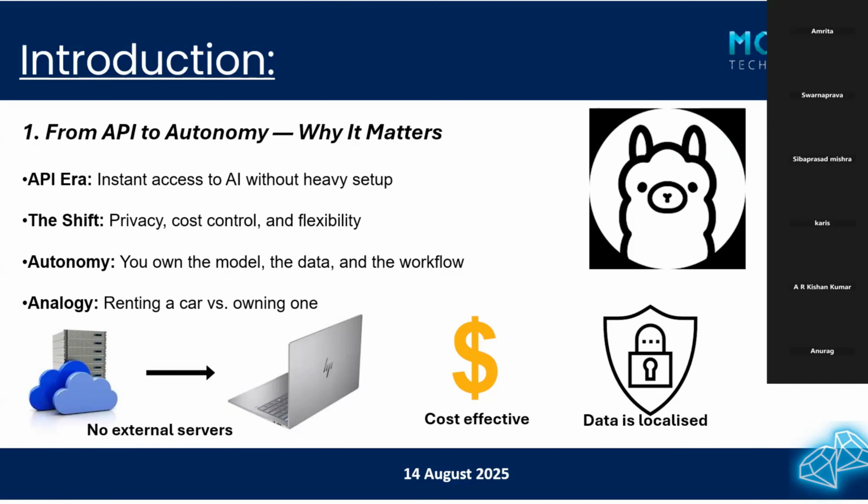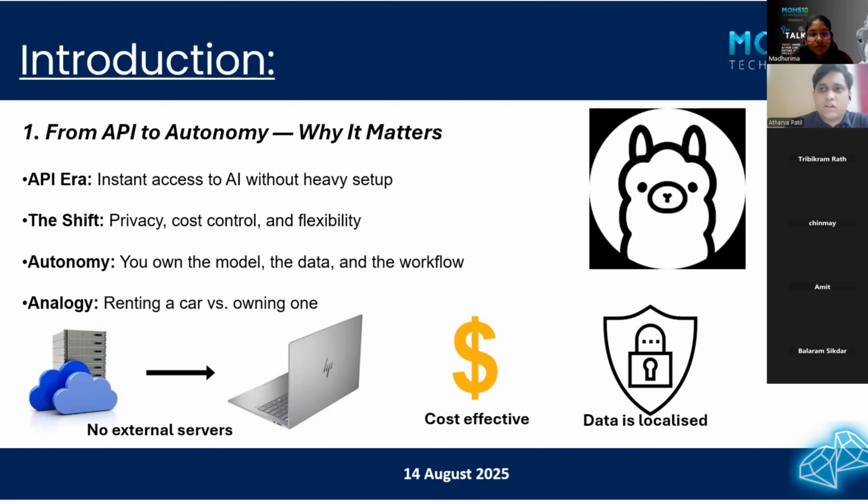But there are advantages and disadvantages to this. So what was the API era? Instant access to AI without heavy setup. You could use an API in your application without requiring any huge hardware setup. So this was very efficient. Many companies use this.